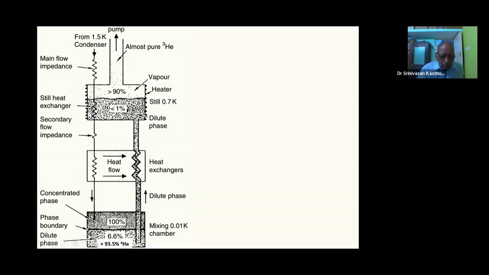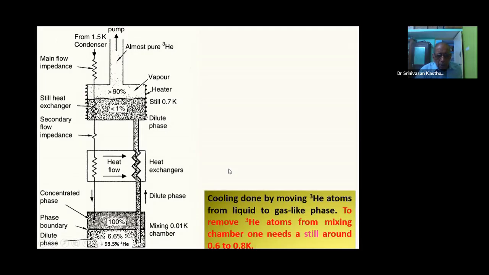Then the helium-3 gas is pumped out through the still, goes out to the helium pump, and then returns back in the stream. So it's a continuous process of producing cooling in the mixing chamber such that you can reach 5 millikelvin.